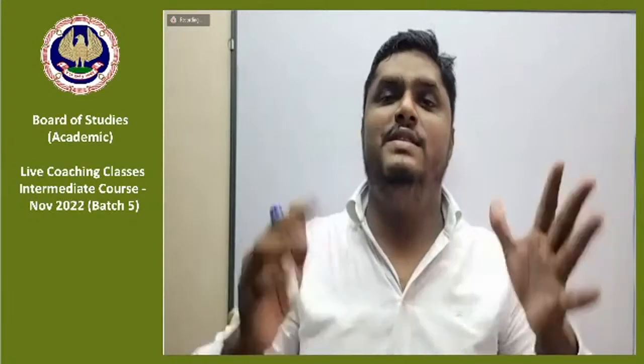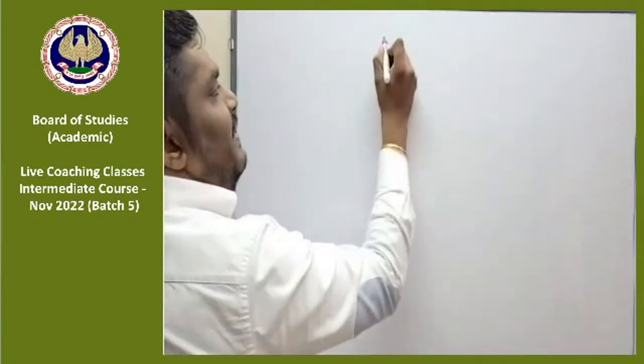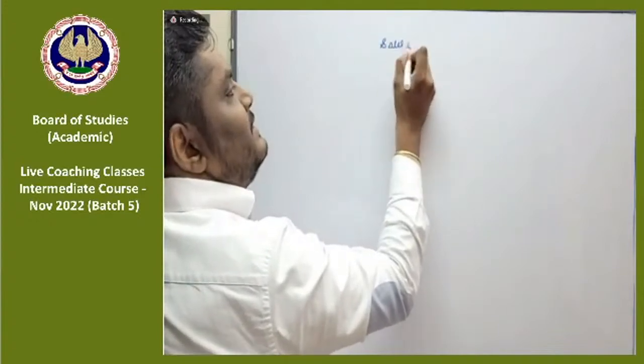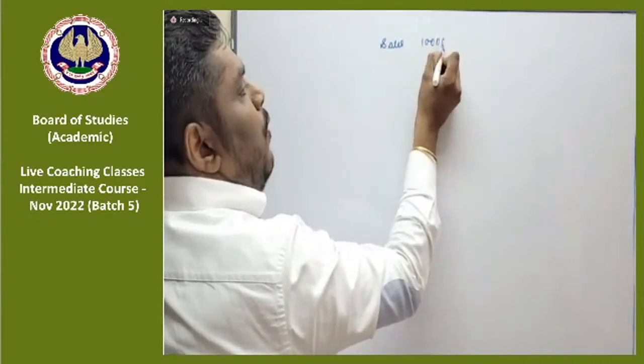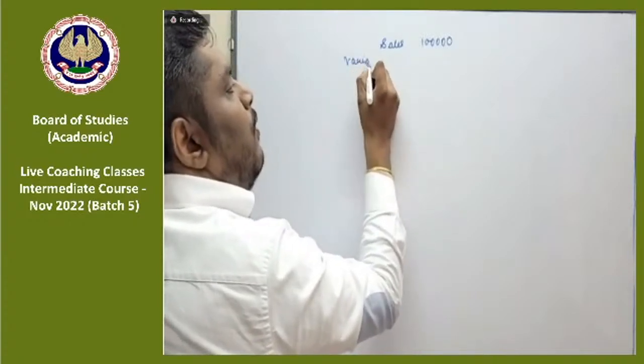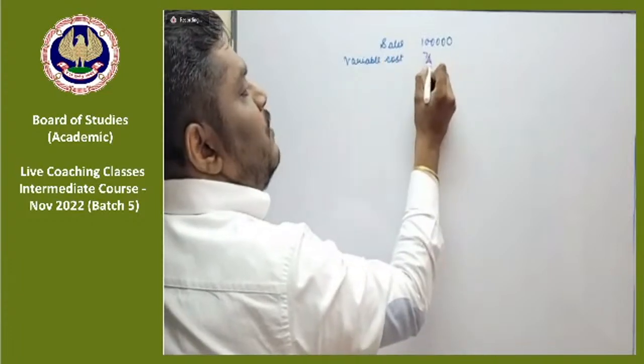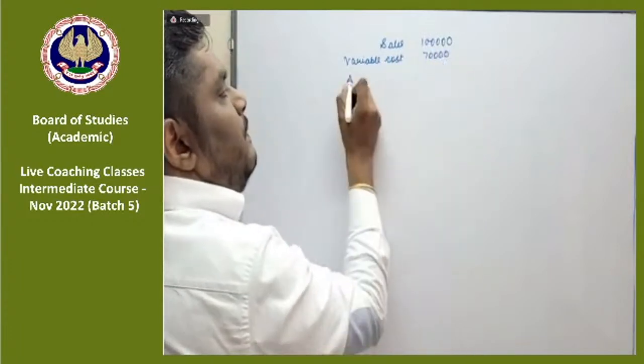So guys, let's start with the easiest question of the chapter. Let's say my sales is 1 lakh. My variable cost is 70,000.